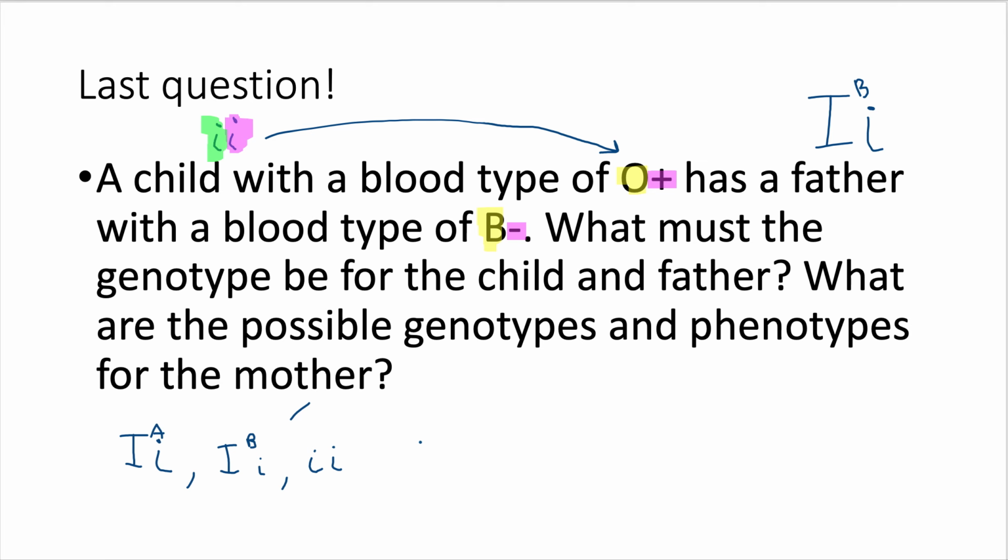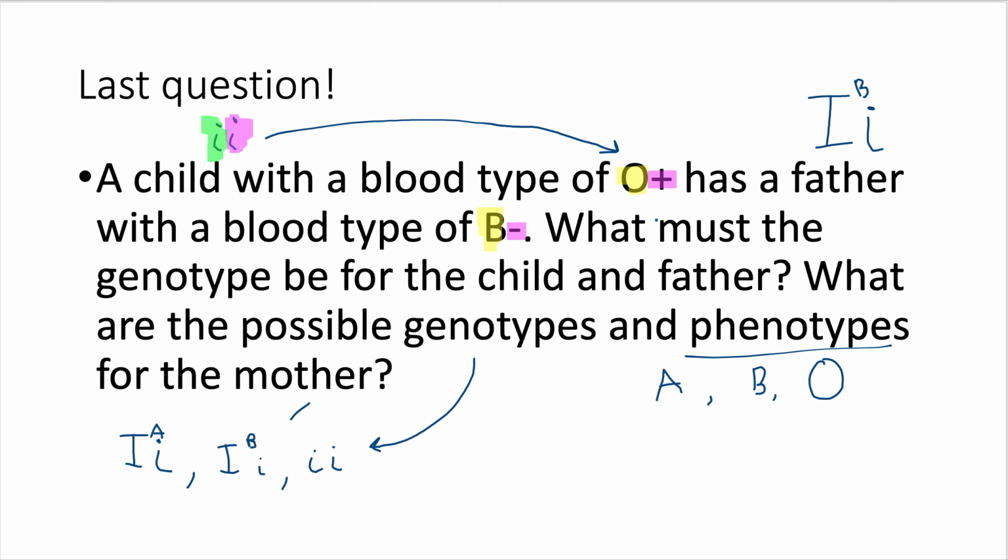Okay, so you didn't actually need a Punnett square for that one, just logic. Okay, so those are her possible genotypes. What about her phenotypes? So she would be A, B, or O.